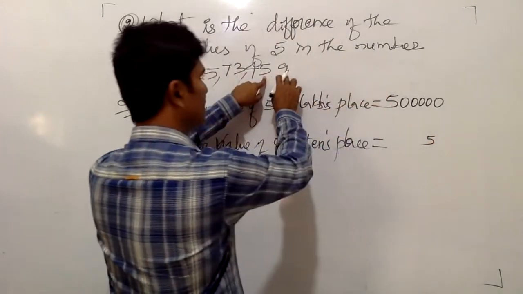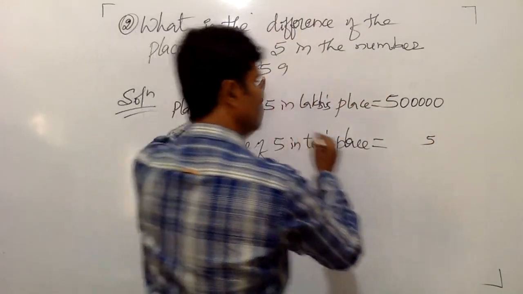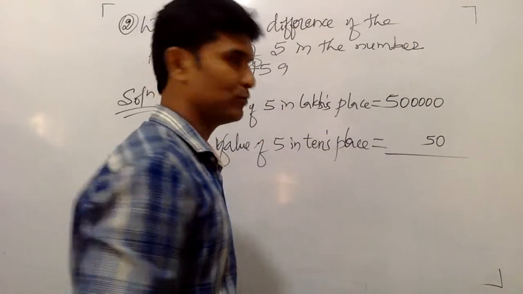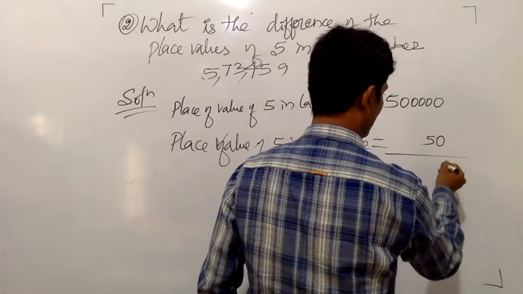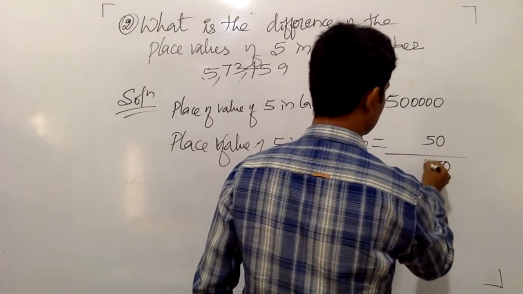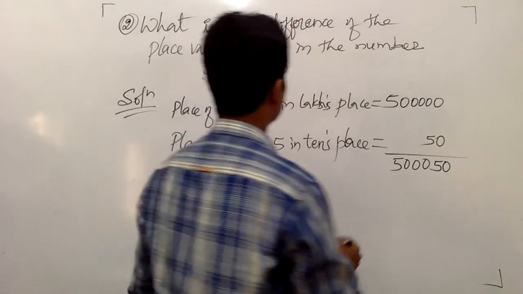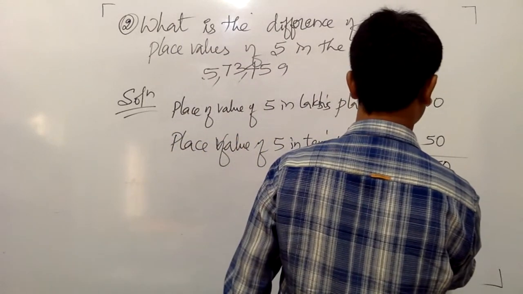How many digits are there on the right side of it? Only 1. Then I have to add these two. That's all. 5,00,000 and 50. So this is the answer.